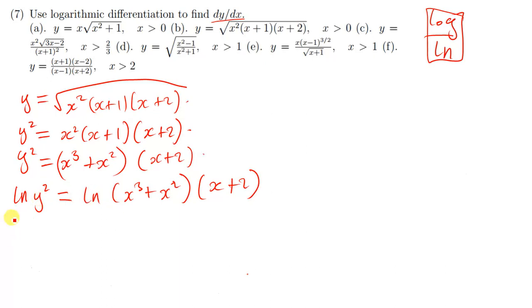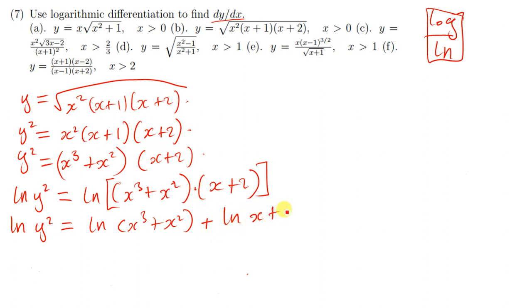So this side we can simplify it further, so we have ln y squared is equal to ln x to the power 3 plus x squared, since we're multiplying there. Then what this multiplication means is that we're adding, so plus ln x plus 2.